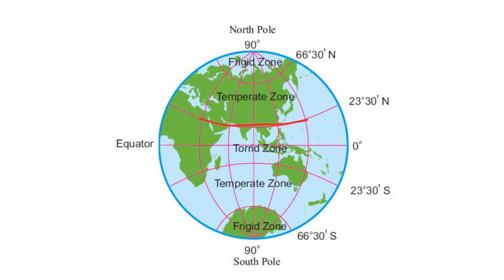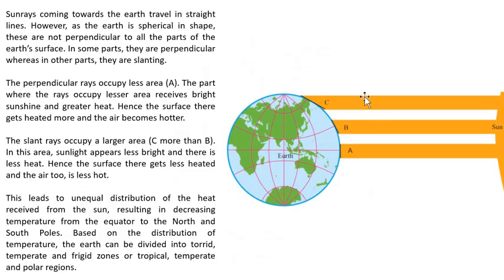What is the logic behind such demarcation? You must be thinking. Now, see, the reason is as follows. Well, here you can see the sunlight coming from the sun onto the earth. They are parallel rays coming from the sun.